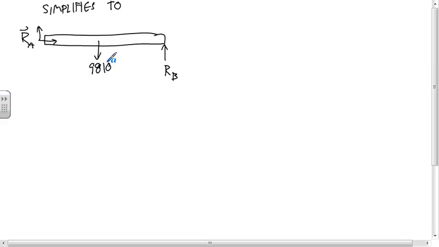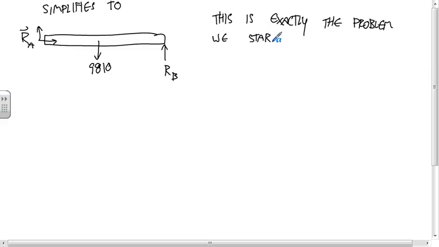Okay. This is exactly the problem that we started with in part A. So we're going to get the same reactions.